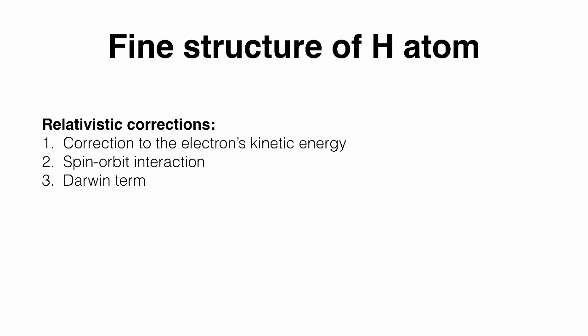So the corrections that we are going to do are going to lead to the fine structure of the hydrogen atom. Remember that we already spoke about the hyperfine structure of the hydrogen atom in chapter 5, where we had the interaction between the spin of the nucleus and the spin of the electron.